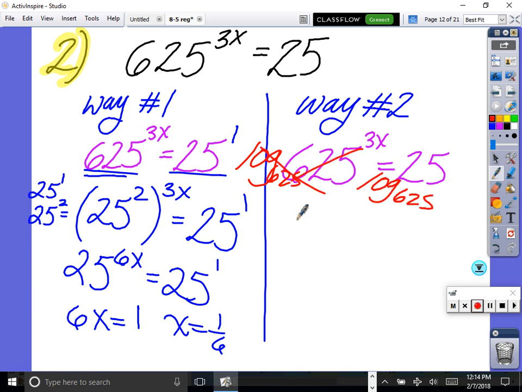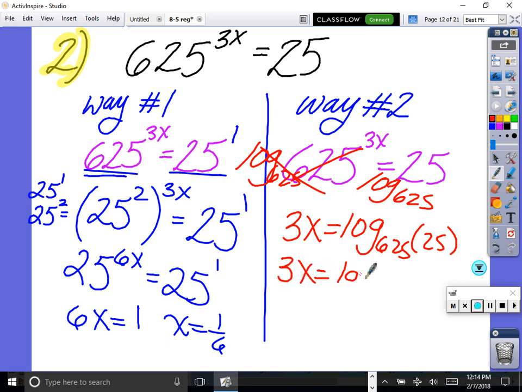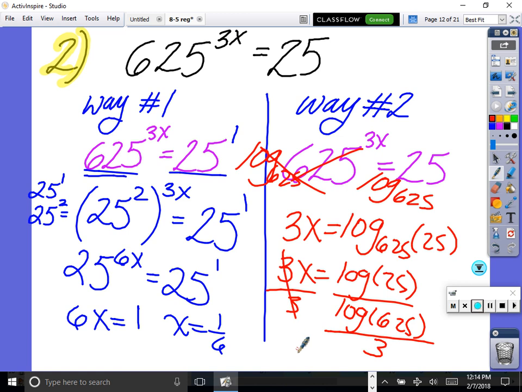So then those cancel out. 3x equals log base 625 of 25, right? So then we have 3x equals, change of base formula, log of 25 divided by log of 625. And then we just divide by 3. Then you would type it into your calculator, you'd hit math enter, and you would get 1/6. Make sense?